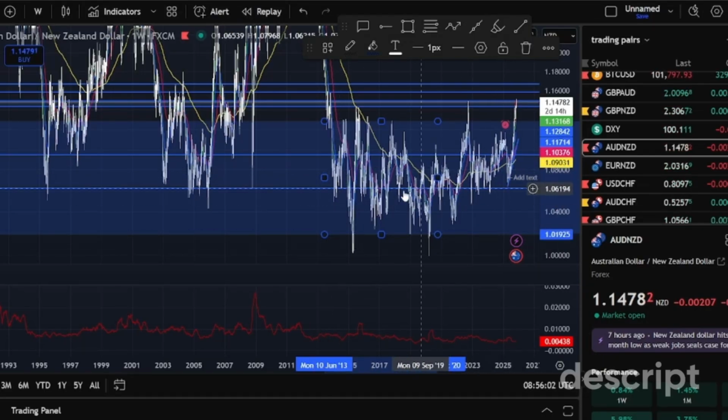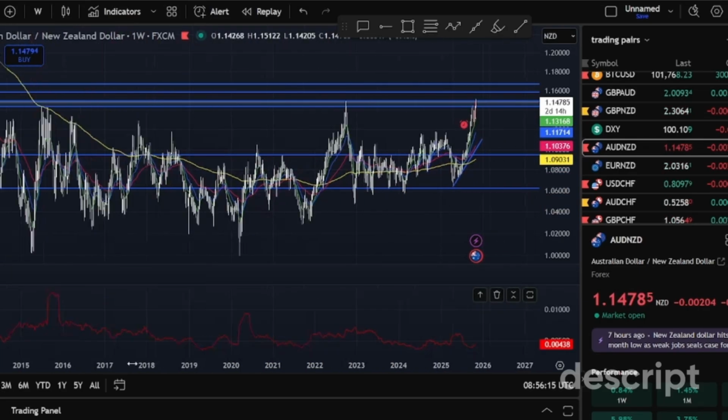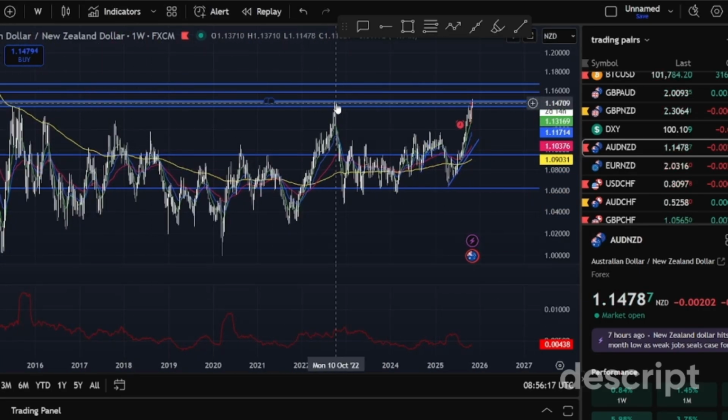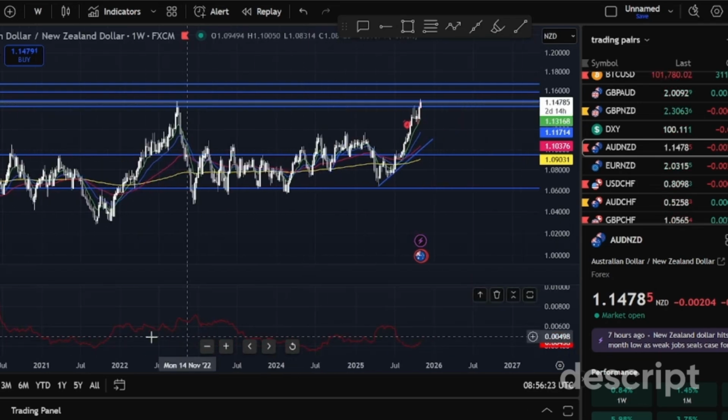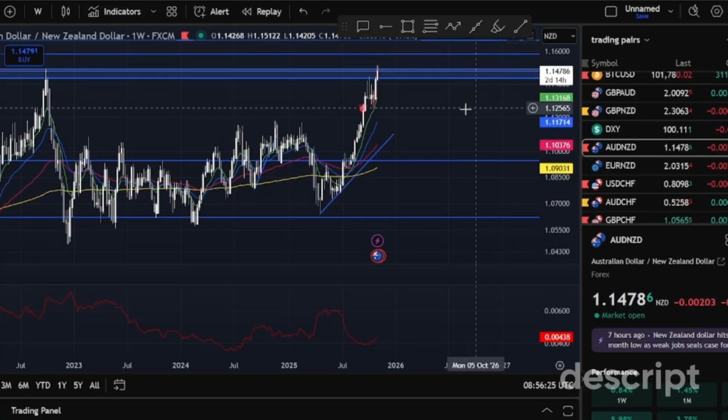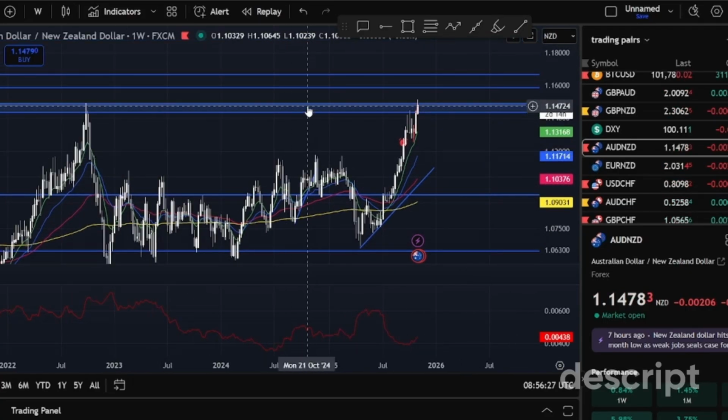It's not really trending on the weekly, but we're right at the top. We have had a test on this range a couple of times, so we're right at the top of that now. This is a huge level of support and resistance, and we're currently at that level on the weekly.